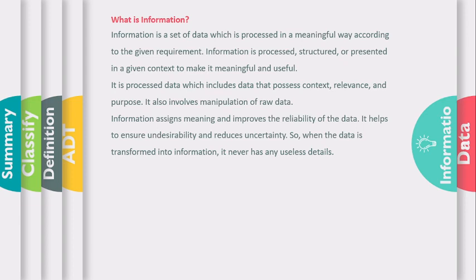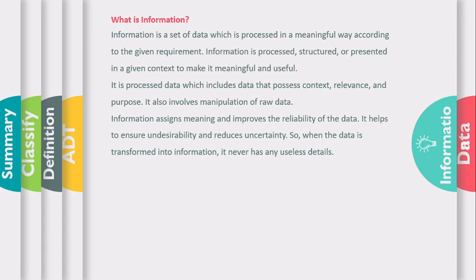It is processed data which includes data that possesses context, relevance, and purpose. It also involves manipulation of raw data. Information assigns meaning and improves the reliability of the data. It helps to ensure understandability and reduce uncertainty.